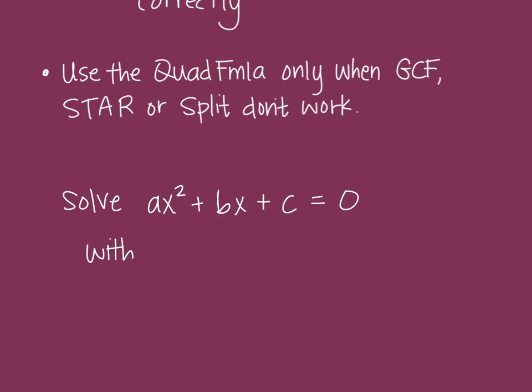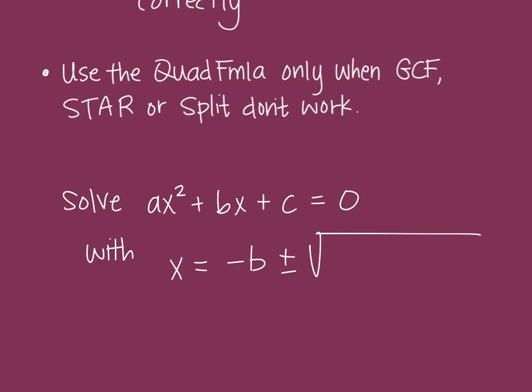It's a squared problem, it's set equal to 0. If that's the format, then you can use the quadratic formula, which goes as follows. Okay, there's a little song. You may have learned that. So x equals negative b plus or minus the square root. Okay, here's where people make mistakes. They put b squared without putting parentheses around it.